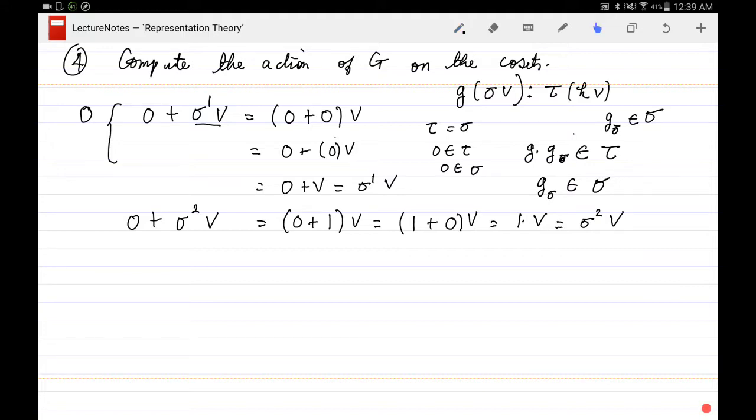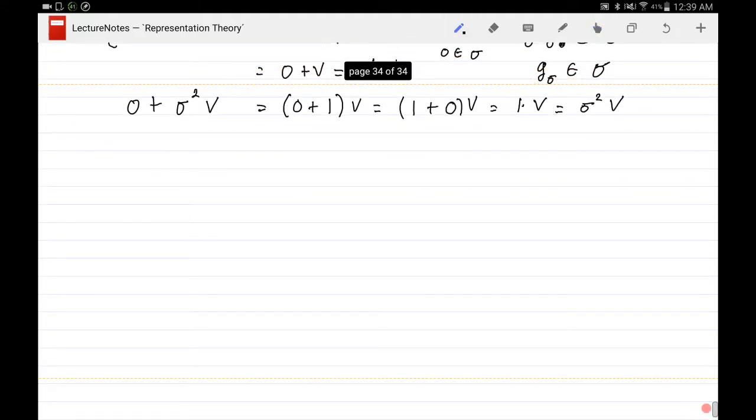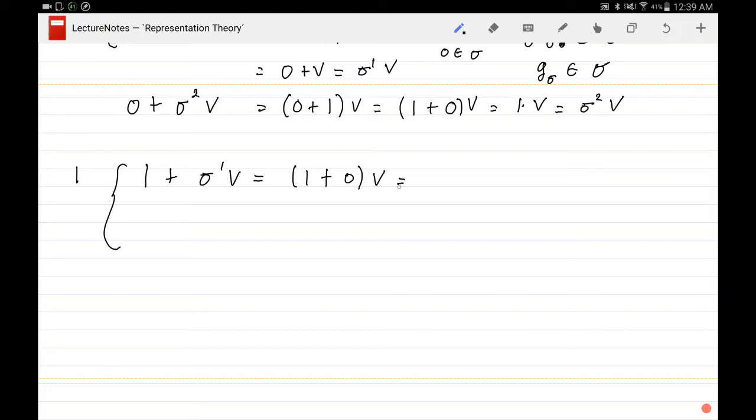Now we can go to 1. So 1 is going to act again on the first coset. In order to do this calculation, we pick a coset representative. So this will be 1 plus a coset representative, which will be 0, and that will act on V. How do we write that? We have to write that as an addition of a coset representative plus an element in the subgroup.